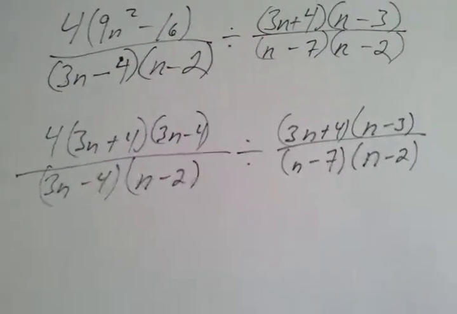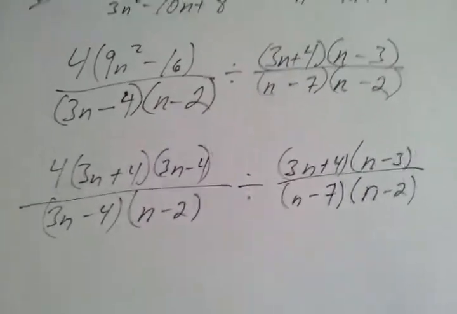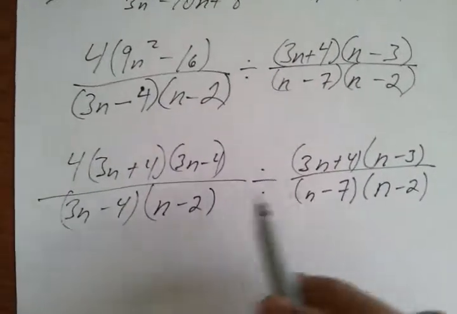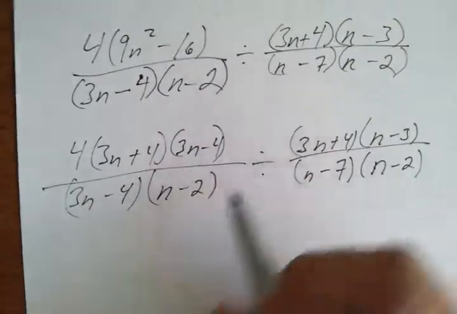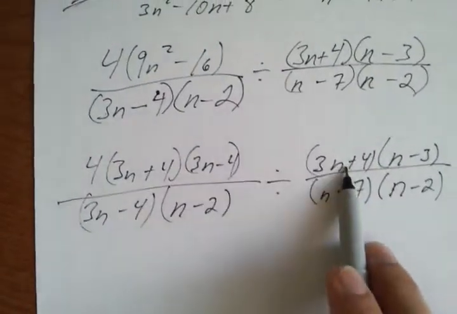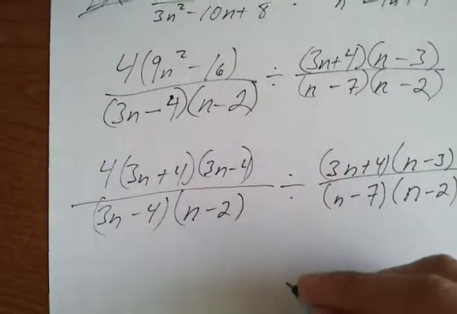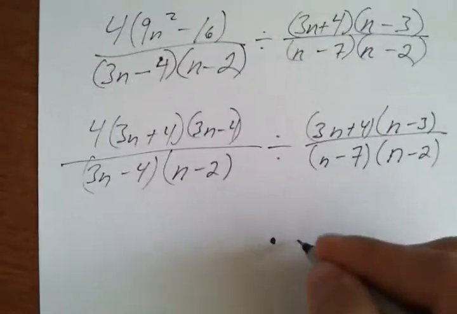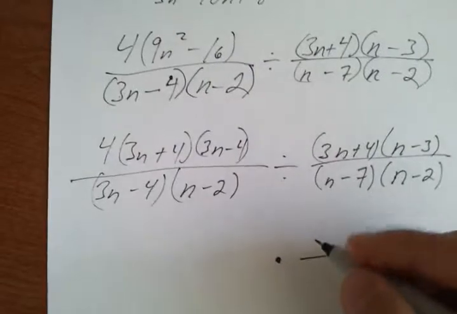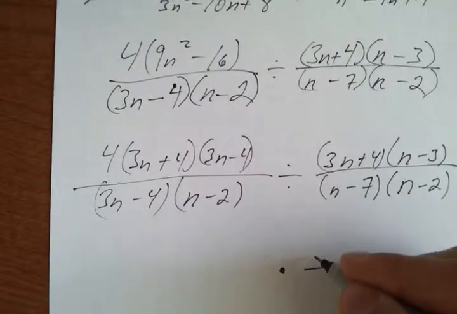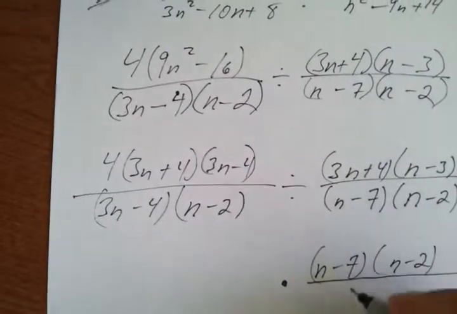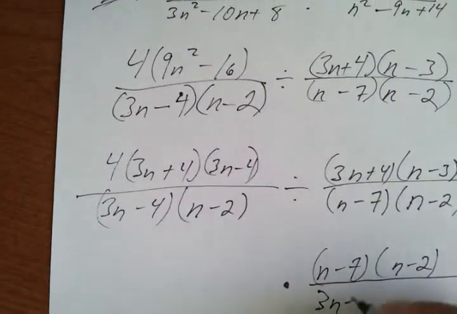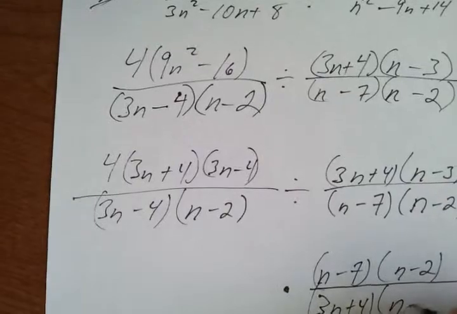So now we factored each part, and our last objective is we're dividing. Remember, you never divide fractions, instead we multiply by the reciprocal, which means that this will then become n minus 7 times n minus 2 in the numerator, and 3n plus 4, n minus 3 in the denominator.